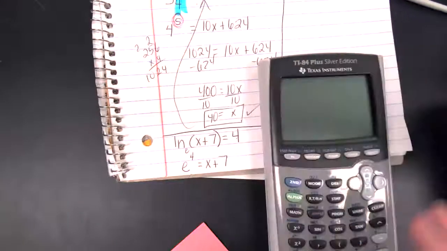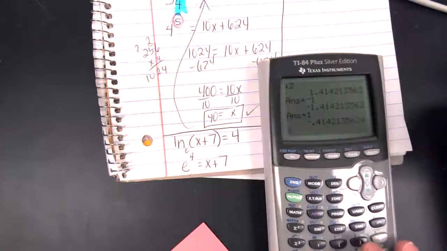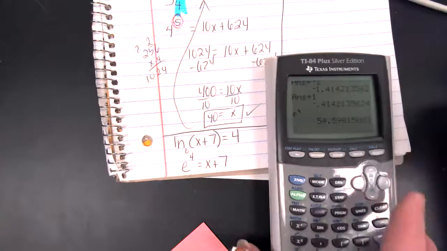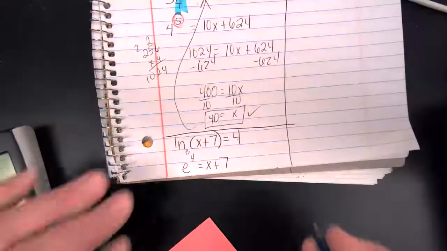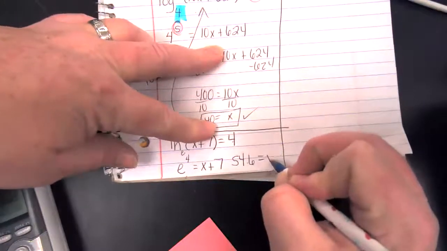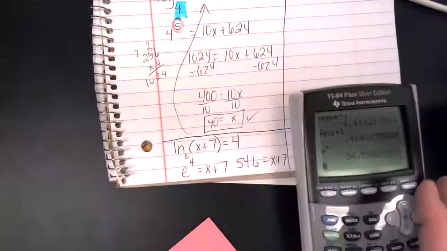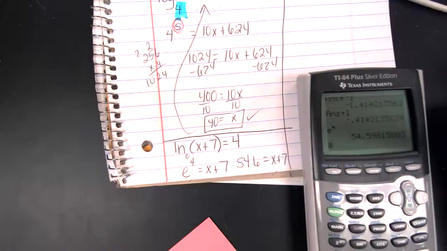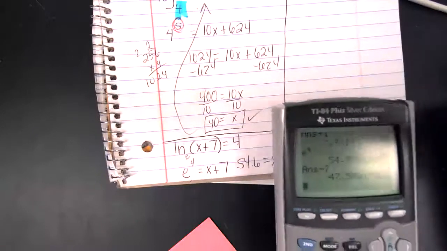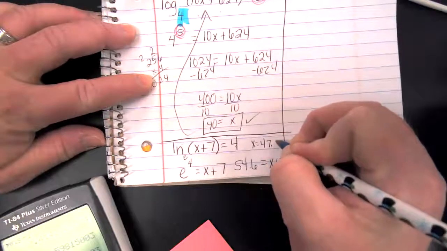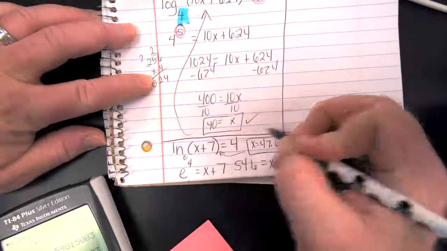Second function, e to the 4th power, that's 54.6. But I'm going to leave that on my calculator because I'm going to try not to round. What am I going to do with that 7? I'm going to subtract it. And I end up with 47.598, which is 47.6. Is that okay? Yeah, it's okay.